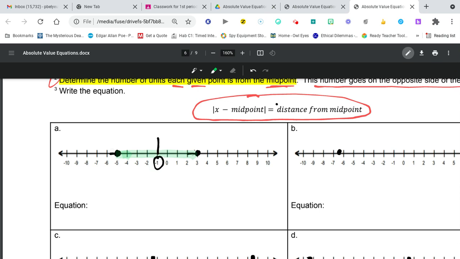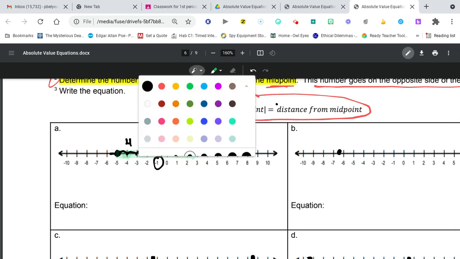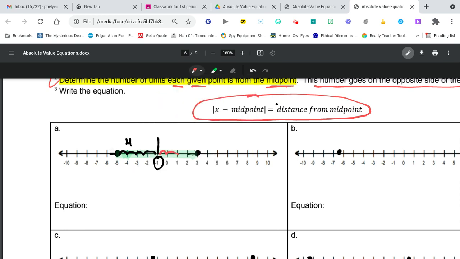That's the halfway point at -1. So you can see that on this side I have 1, 2, 3, 4 units, and on the other side, I also have 1, 2, 3, 4 units. So it is split in half, and the midpoint is -1.